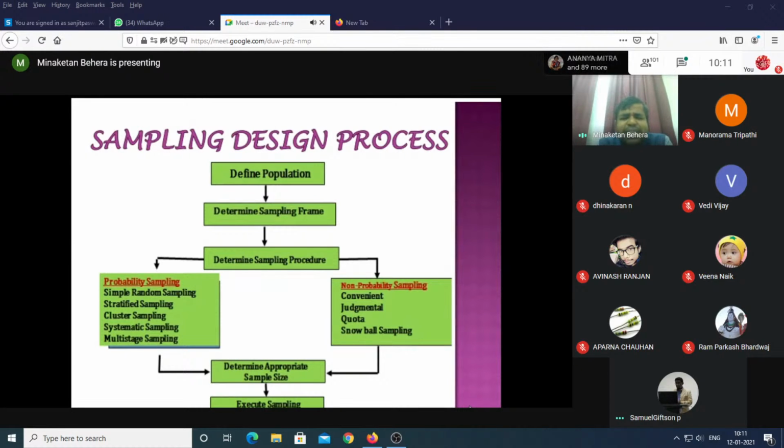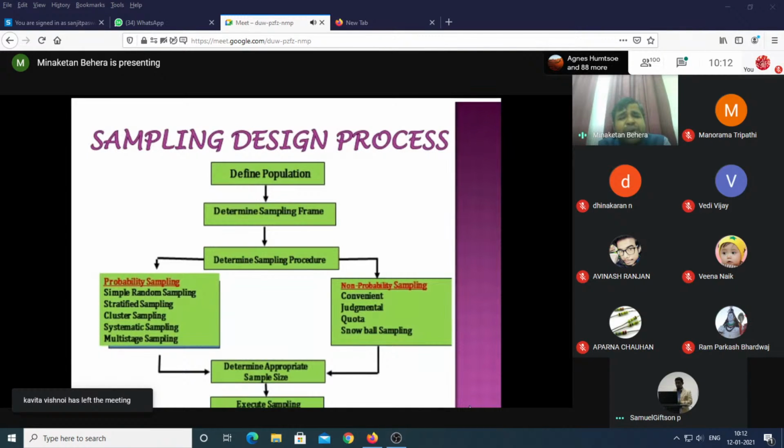Probability sampling is that method in which each and every individual from the population has an equal and independent chance to be in the sample. Please look at it.